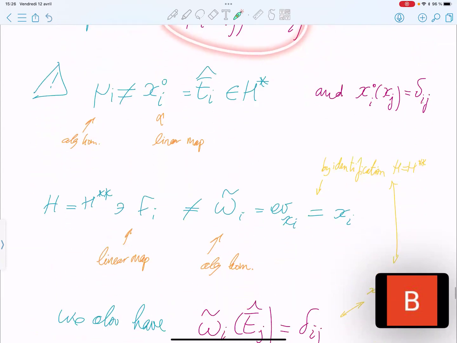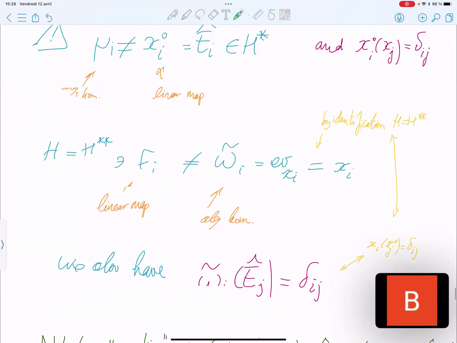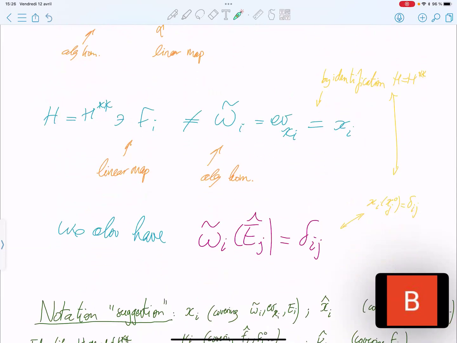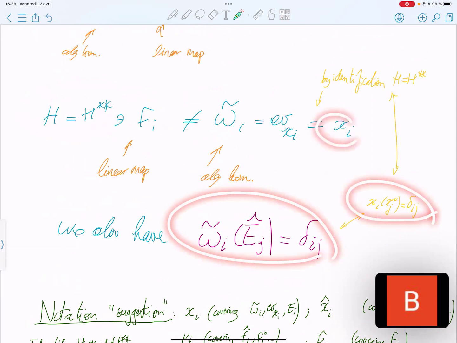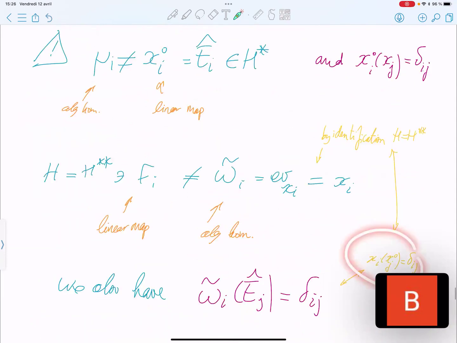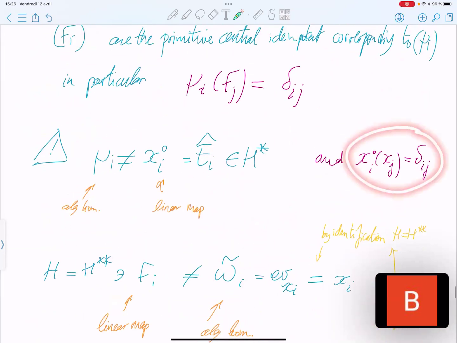And in fact, if you make the proper identification, this relation is nothing but this relation. If you consider that as a map, it's just in fact the dual of this relation. There is nothing new.